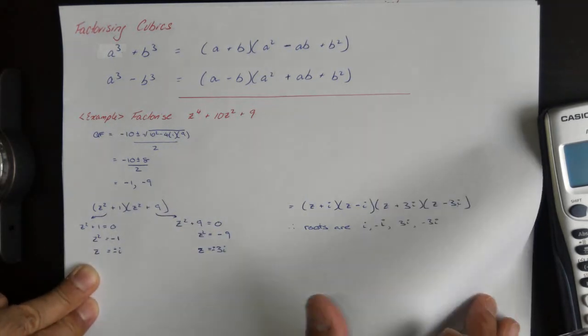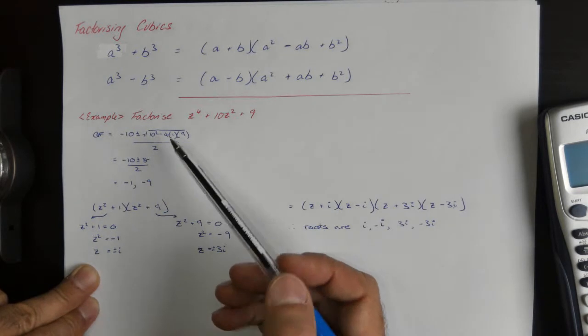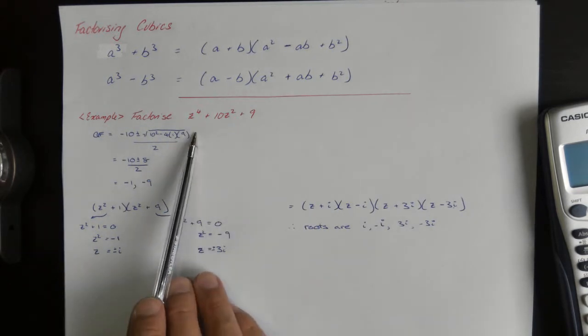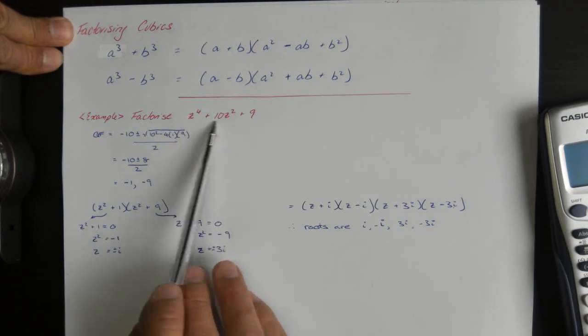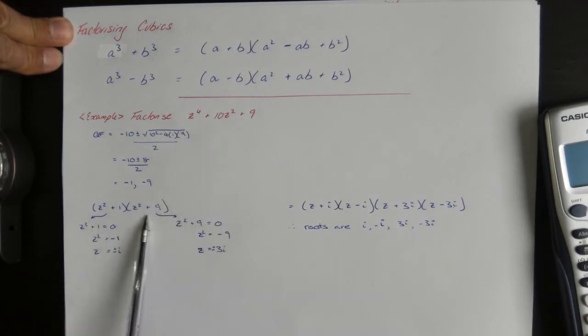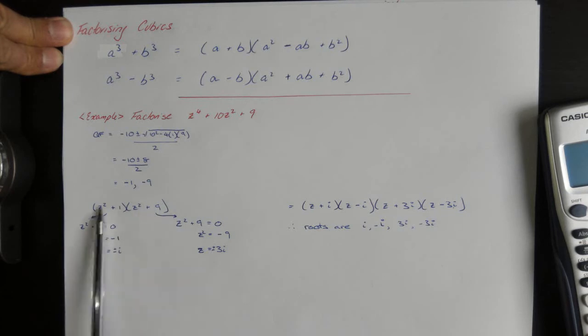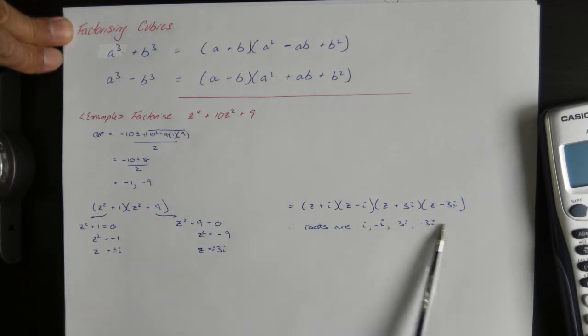I'll just go through the steps. I used the quadratic formula to figure out the roots. Once I've done that, I can then factorize again by using the complex conjugate root theorem. So this is the final factorization.